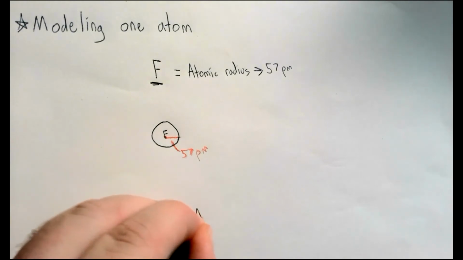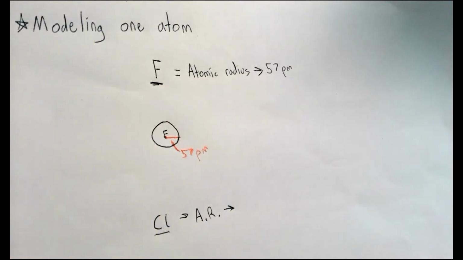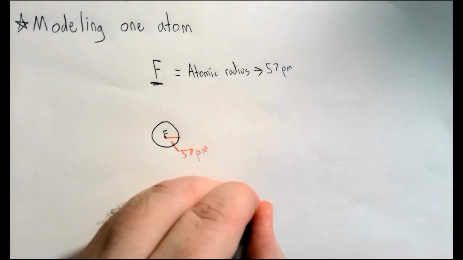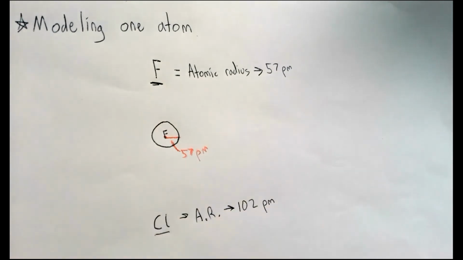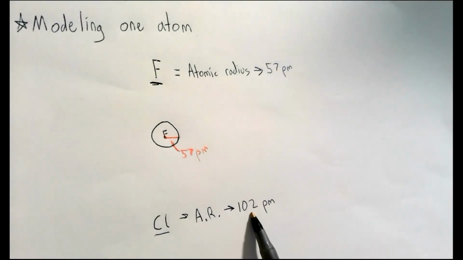And it looks like our atomic radius, I'm going to abbreviate that AR, is 102 picometers. Now, if I think about it, 57 and 102, it's not exactly one half of this, but it's pretty darn close. And so what that means is I definitely need to make my chlorine atom larger, right? 102 is larger than 57. And if possible, I want to make it around 2 times larger.